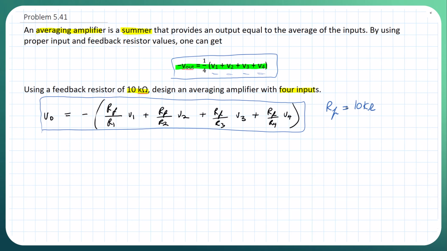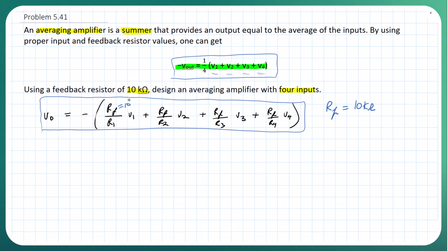So if our RF is 10k, and all of these here are 10, 10, 10, and 10, technically what we're saying is 10 over R1, R2, R3, and R4 individually.